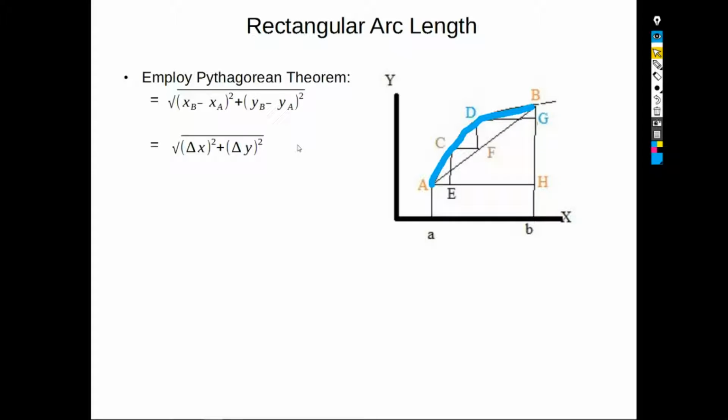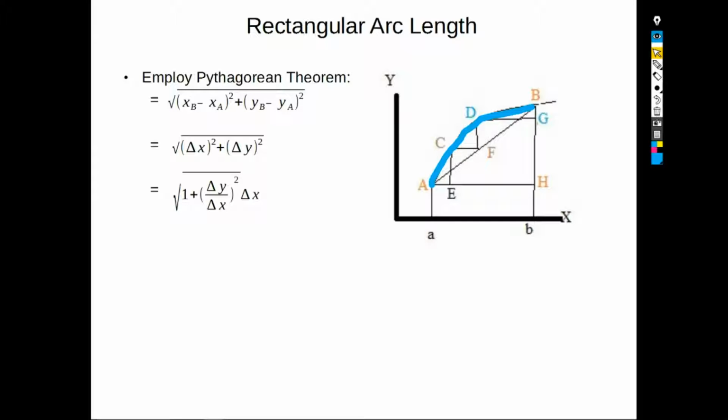This turns into the square root of 1 plus (delta y over delta x) squared, times delta x. Now, the Pythagorean theorem leaves a good amount of error, as you are not covering the entirety of the curve. You're either above or below the curve in your equation.